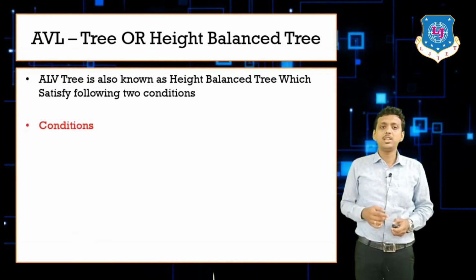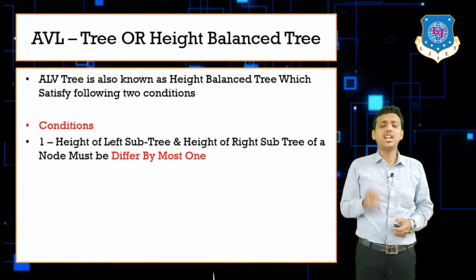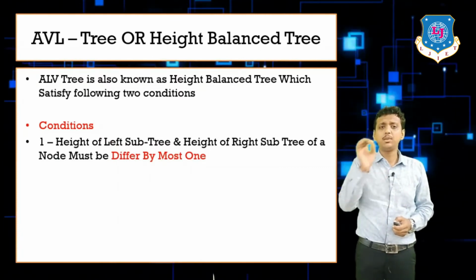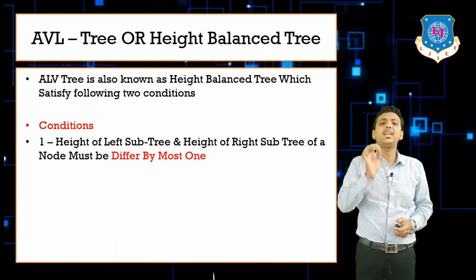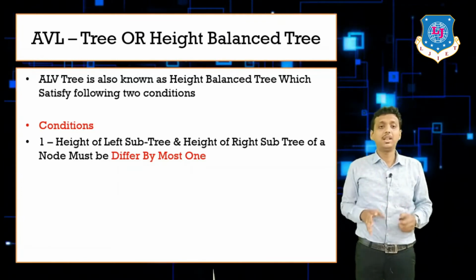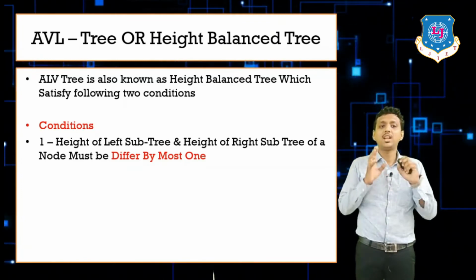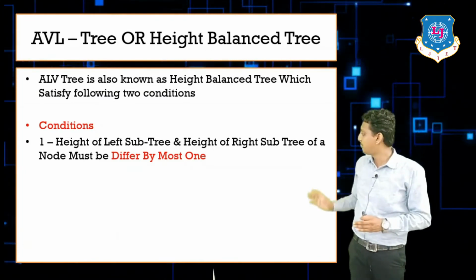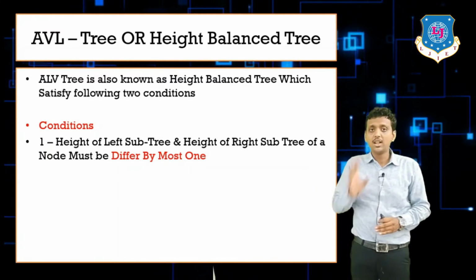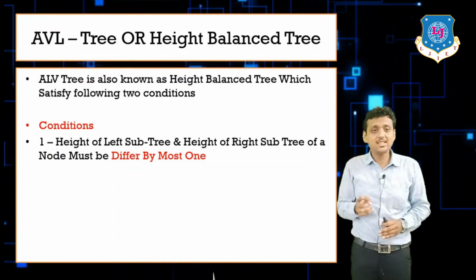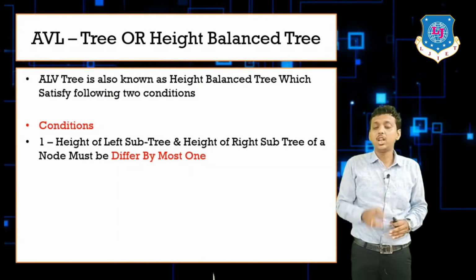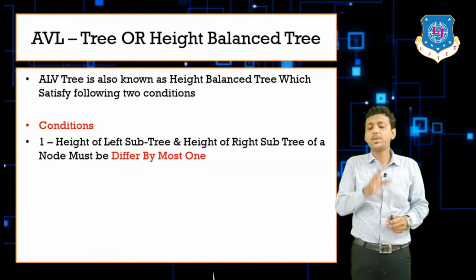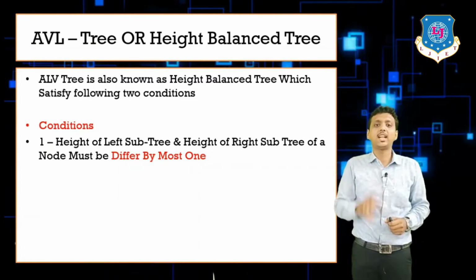Condition number 1: the difference between the height of the left subtree and the height of the right subtree should not be greater than 1. Again, I am repeating: for a particular node, students, the difference of height between the LST, which stands for left subtree, and the RST, which stands for right subtree, should not be greater than 1.